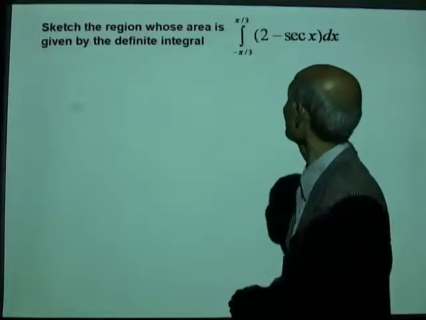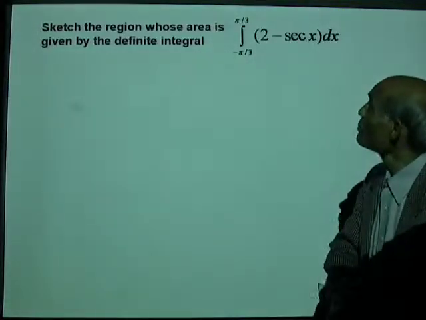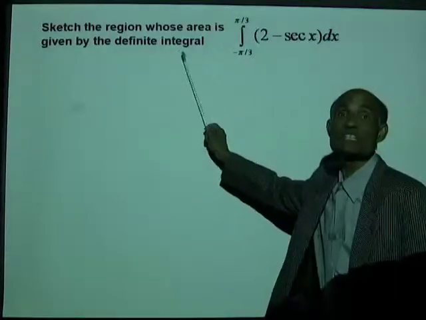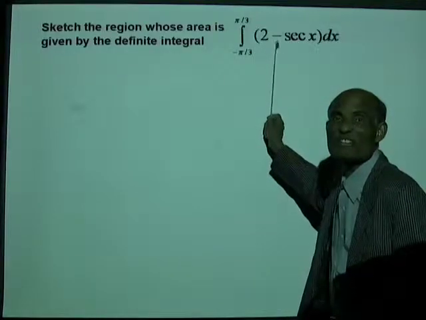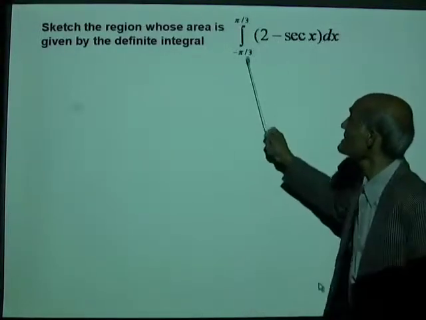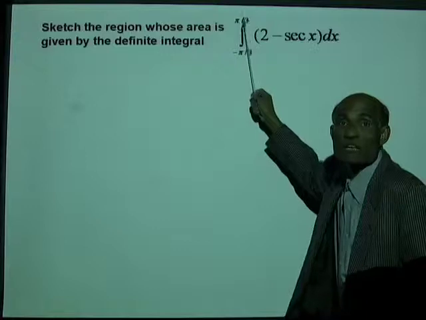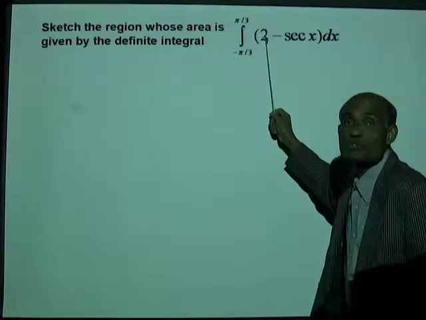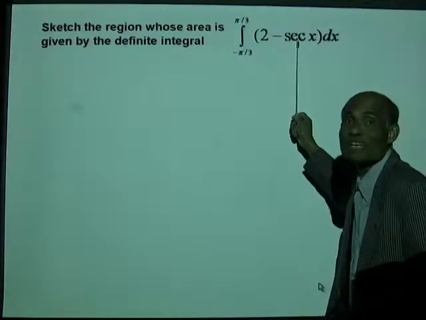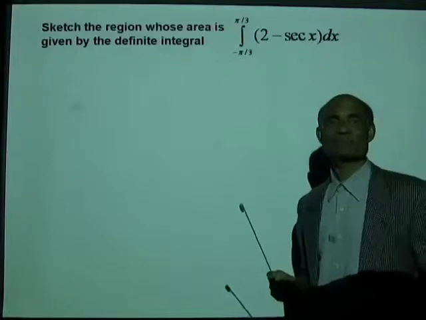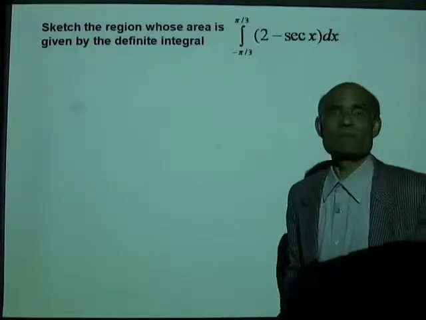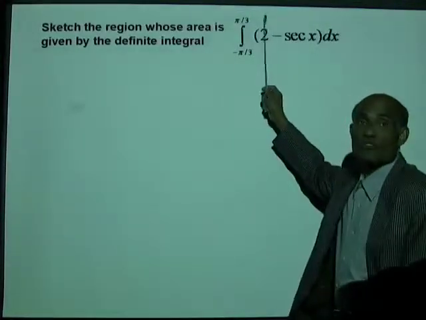Okay, let's now look at another one. Sketch the region whose area is given by this definite integral. Integral negative pi by 3 to pi by 3, 2 minus secant x dx. You see, can you read it like this?